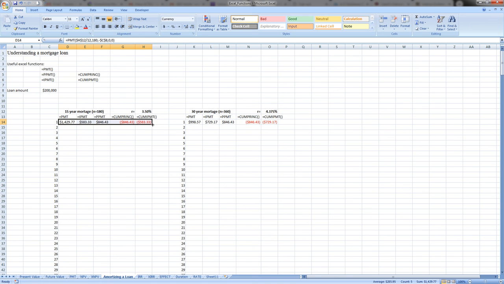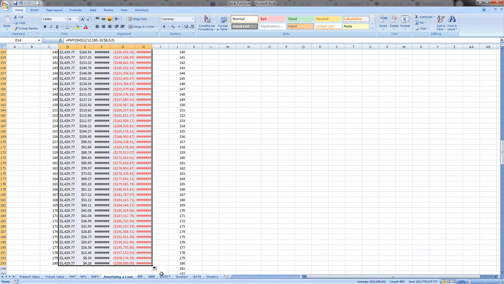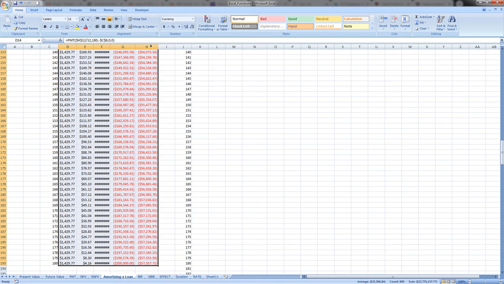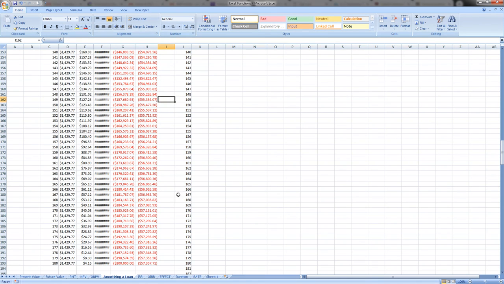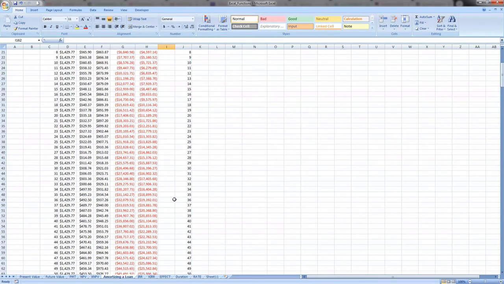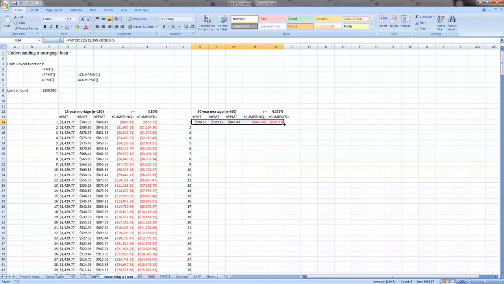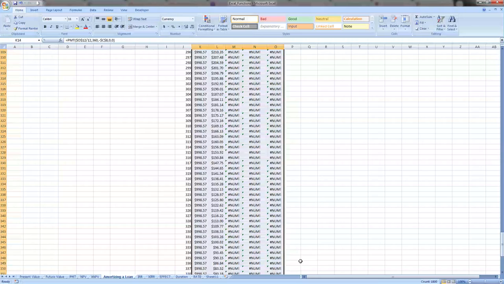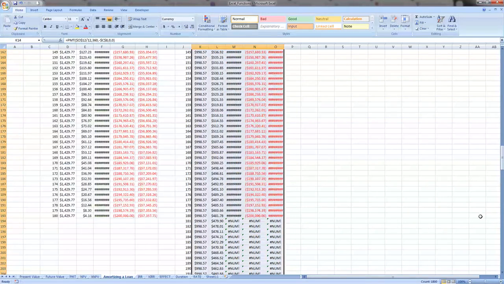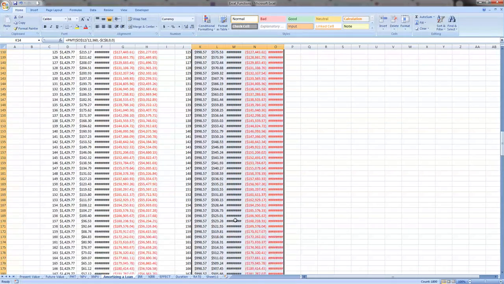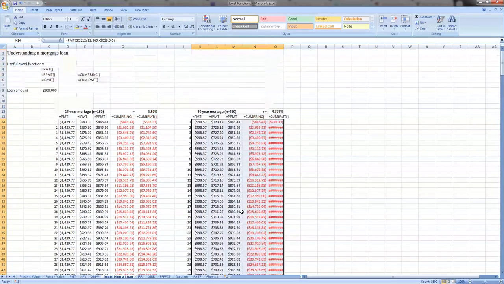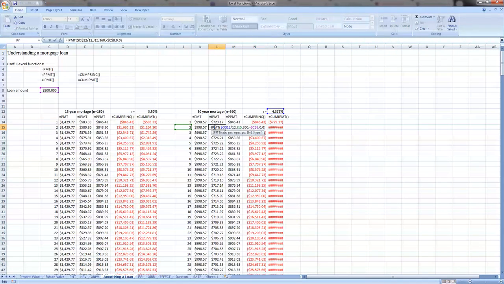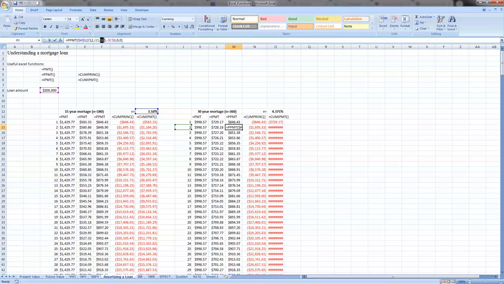So what we can do now is drag these values down. And we've made some type of error here. Leads me to believe we enter 360, 80, 60.